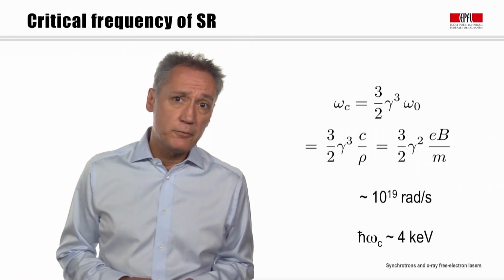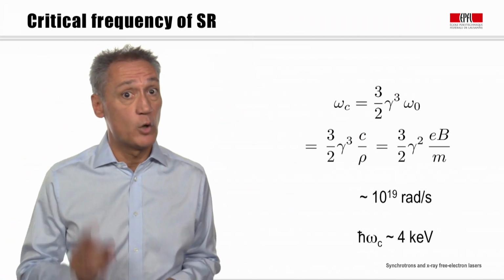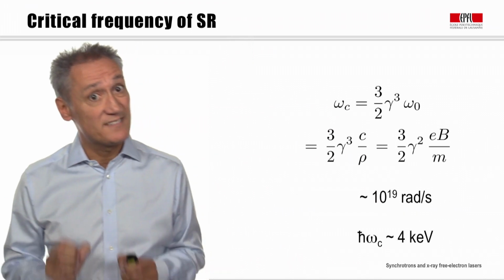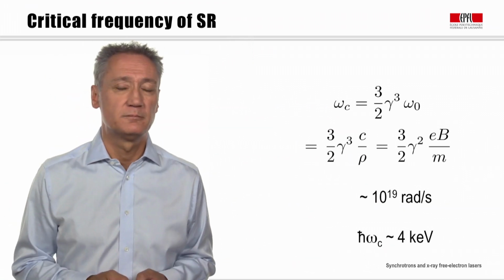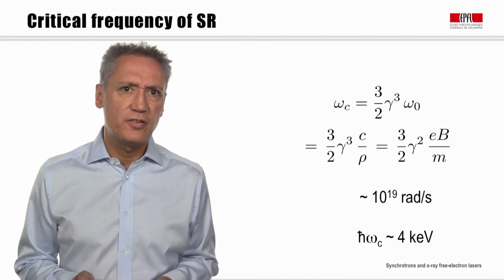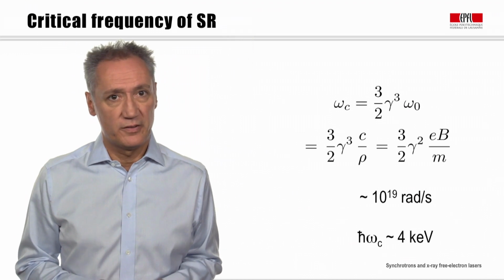The critical frequency is a value associated with the synchrotron radiation spectrum, not the electrons, although it is determined by the electron's energy and the bending radius rho. Now it emerges that this is equal to 3/2 gamma cubed omega 0.